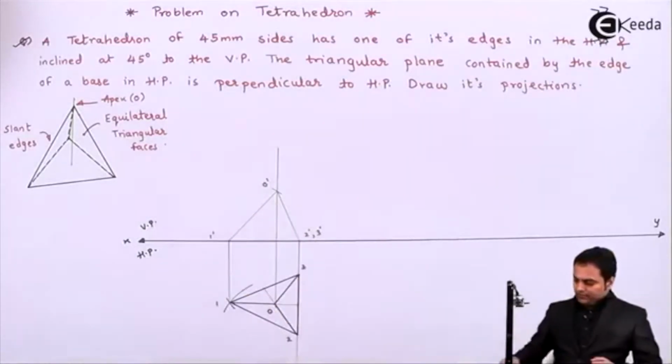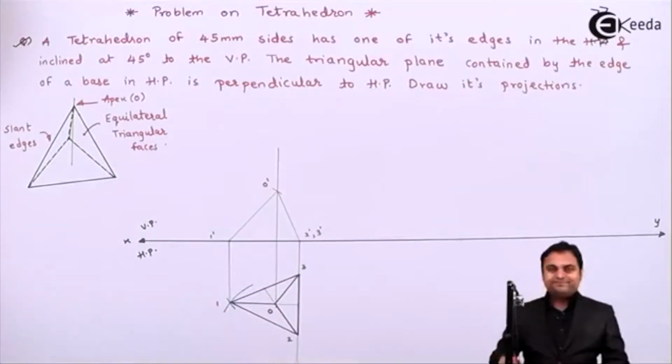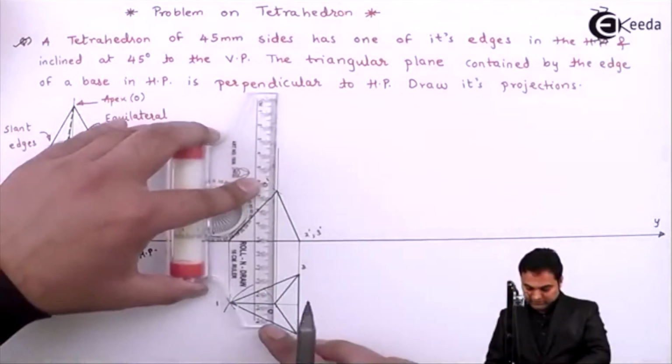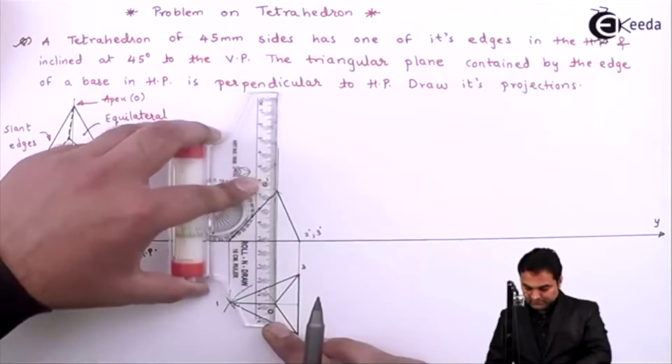Now I'll make the front view dark, drawing the axis through the apex.